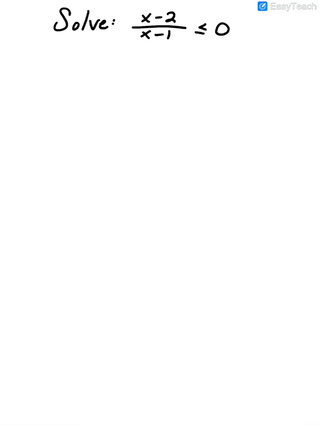Okay, same thing in our next example. Once again, let's figure out how to partition our x-axis. What makes that particular rational inequality equal to 0? We're going to find a value of 2. So x is 2.